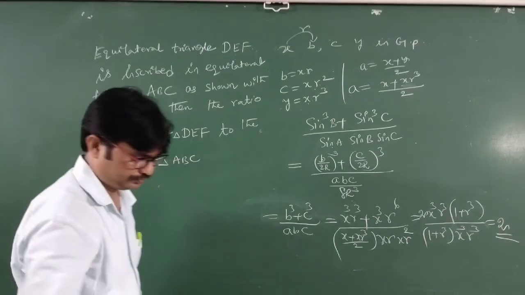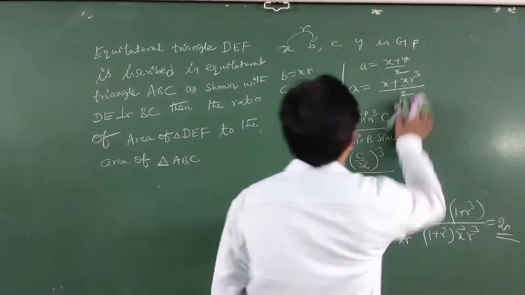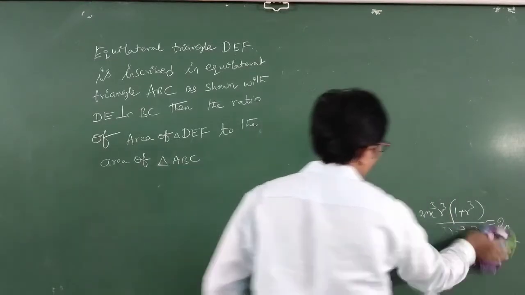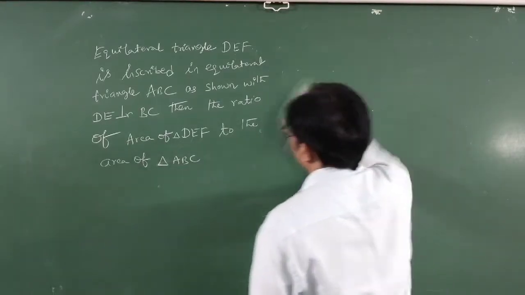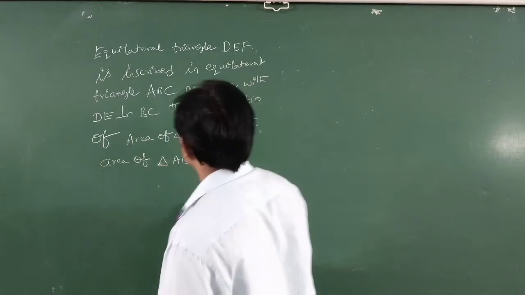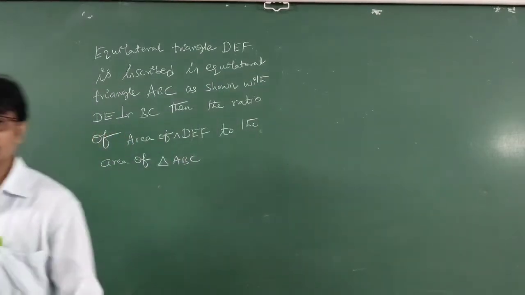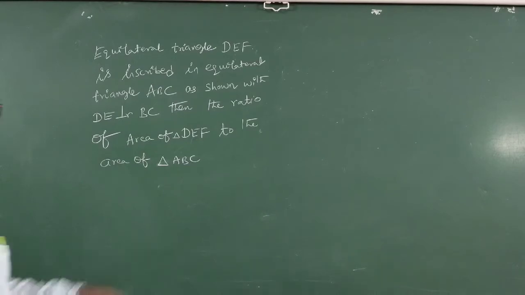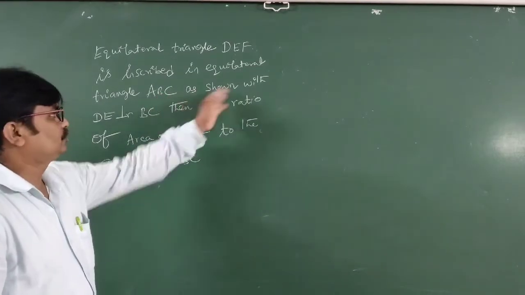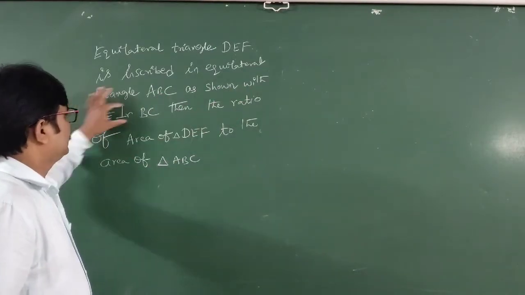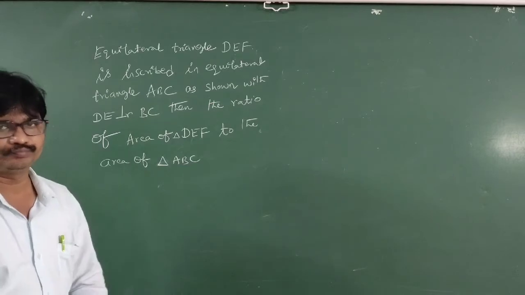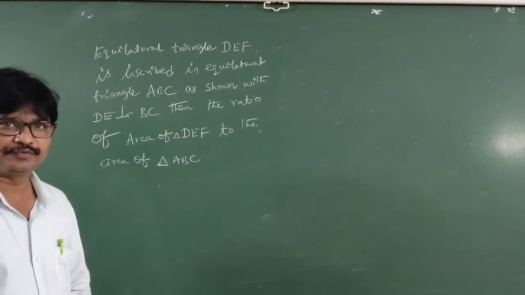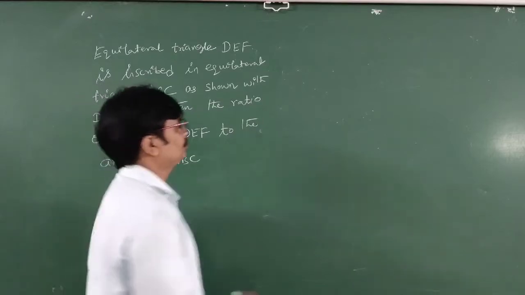Okay, students. So here what we observe, students, what is the given data? Equilateral triangle DEF is inscribed in another equilateral triangle ABC as shown, with DE perpendicular to the BC. Then the ratio of the area of the triangle DEF to the area of the triangle ABC.